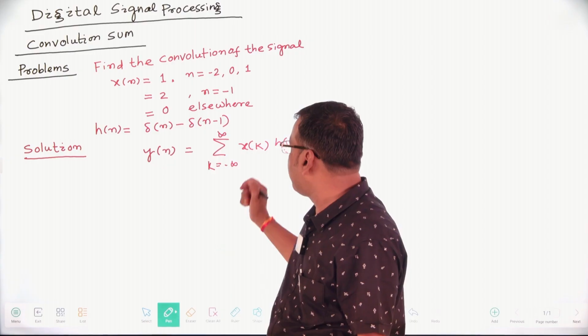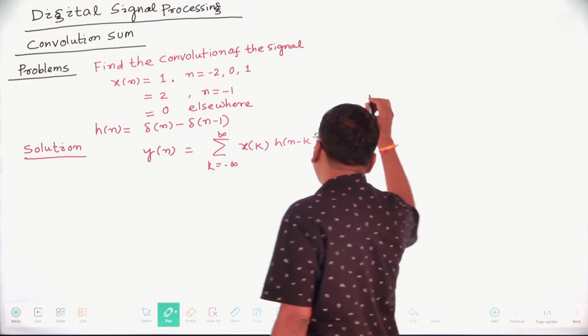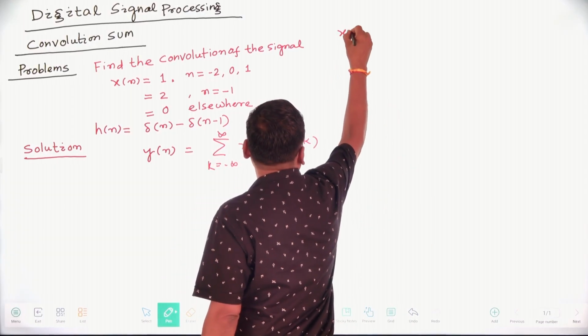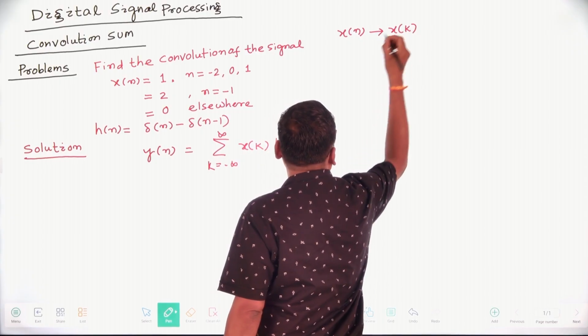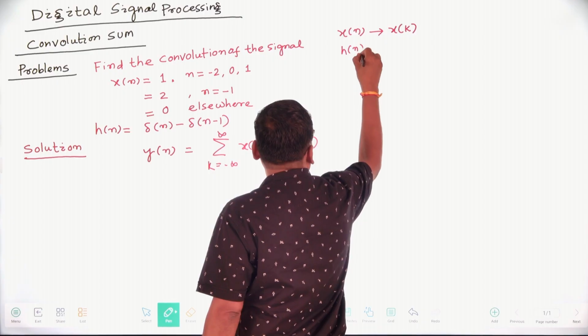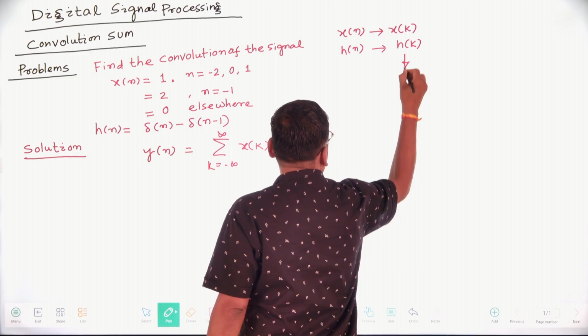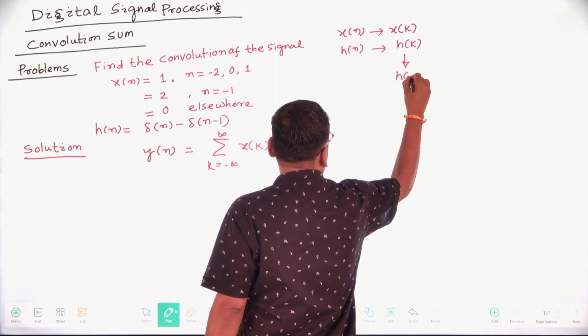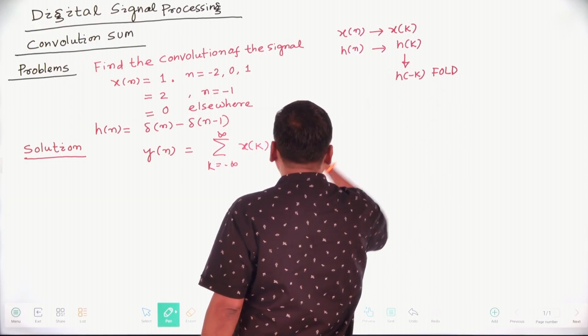There are some procedures I already told you in the previous class. If x of n is given, it is simply x of k. If h of n is given, this is h of k, and first you have to fold it, that is h of minus k, that is folding.